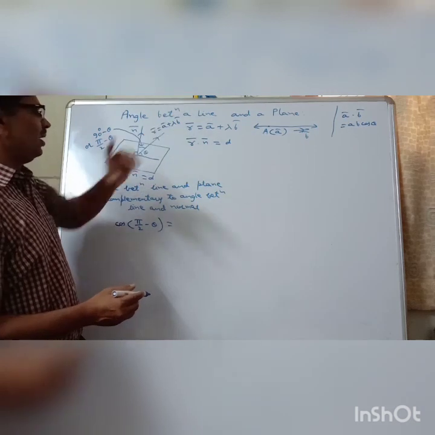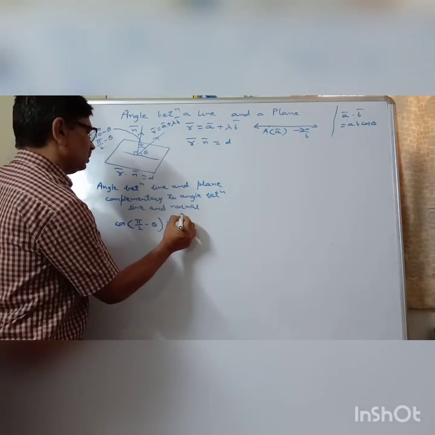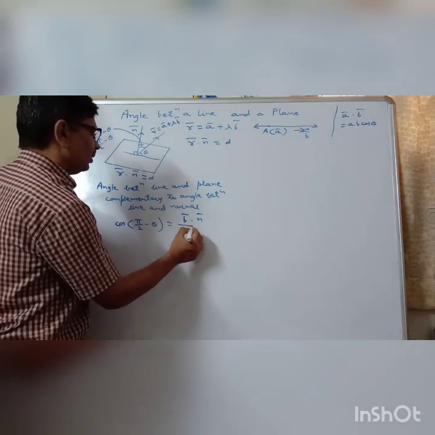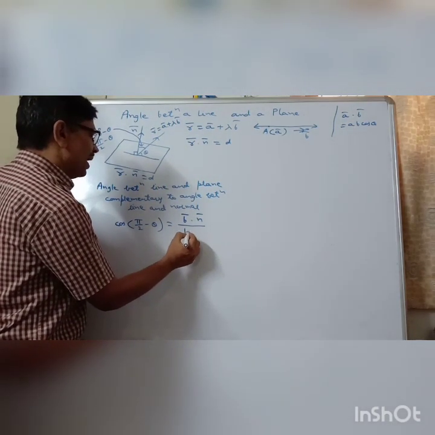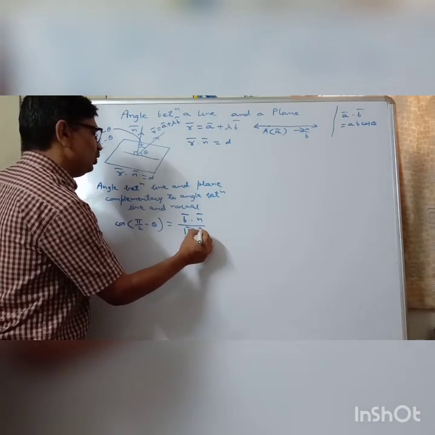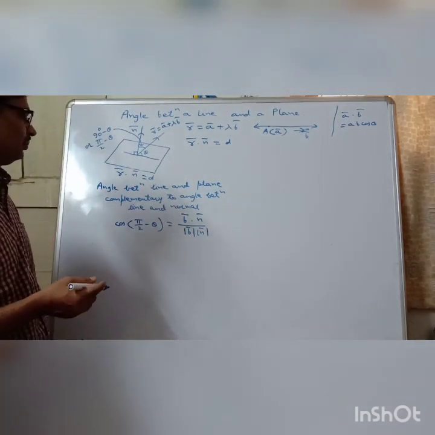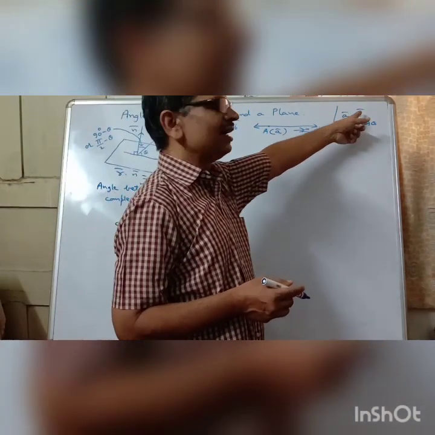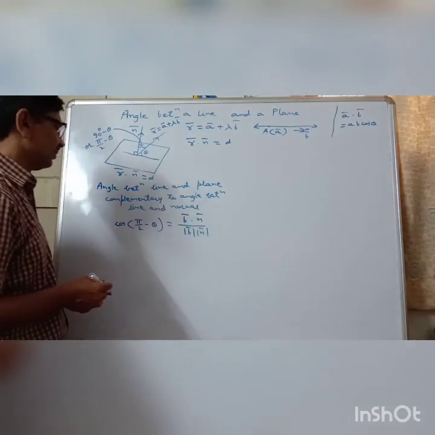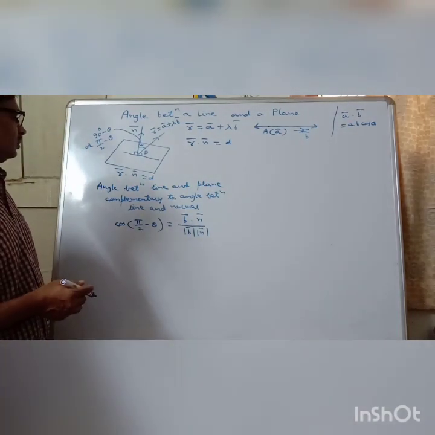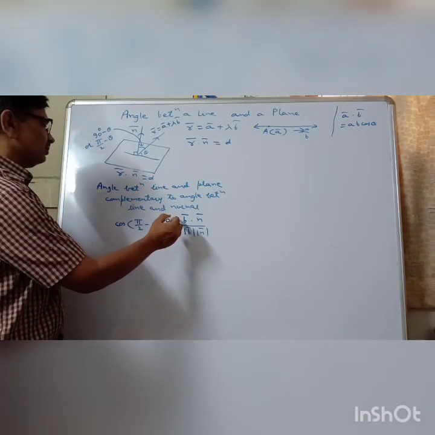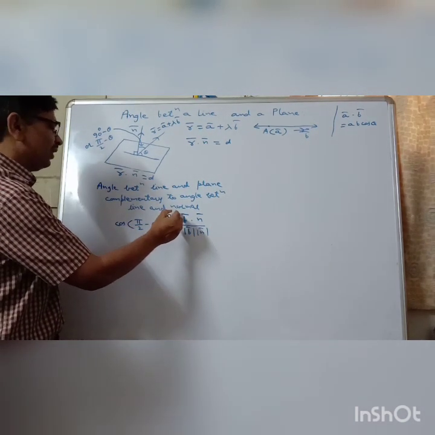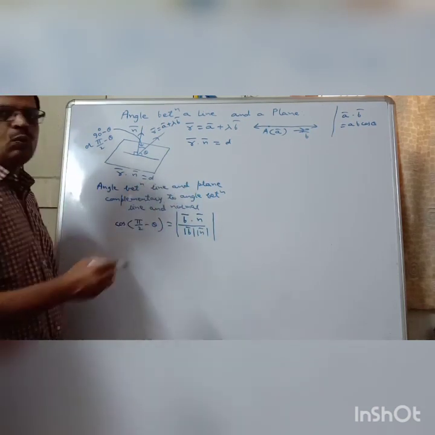this is a line parallel to B bar. So B bar dot N bar divided by magnitude of B bar into magnitude of N bar. Here instead of A bar, B bar is there, and instead of B bar, N bar is there. And this angle is in the first quadrant, an acute angle, so we have to write in mod sign.